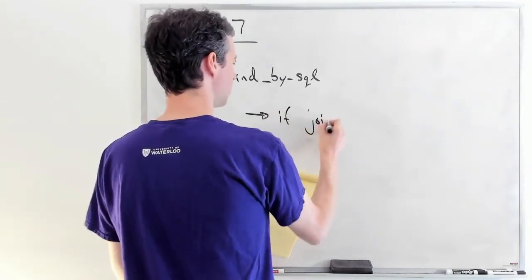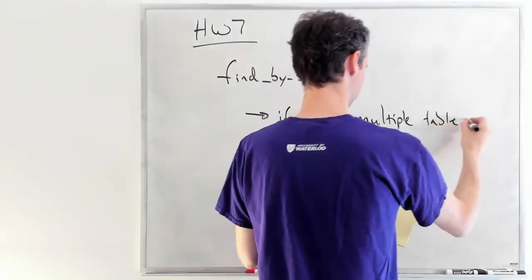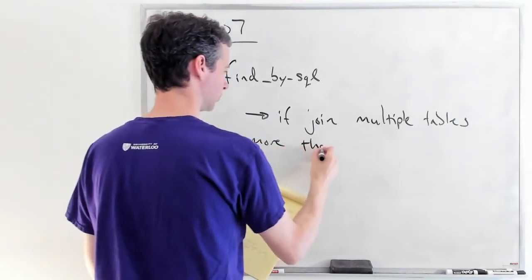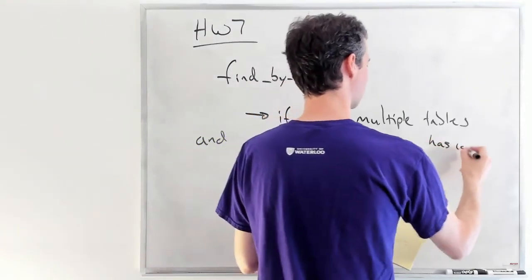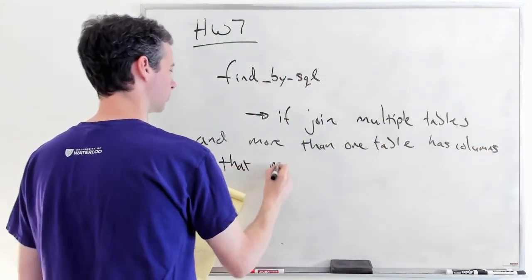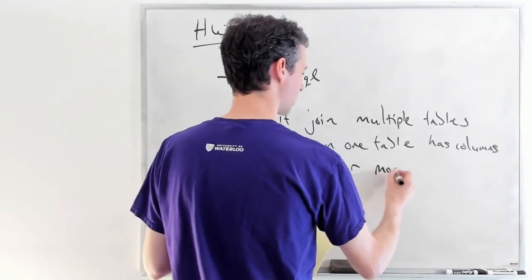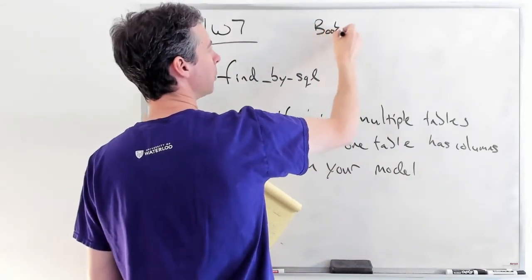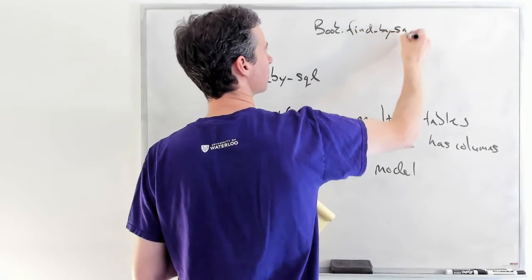So what you run into is if you join multiple tables and more than one table has columns that match your model, because again, you're always doing something along the lines like book.find_by_sql.